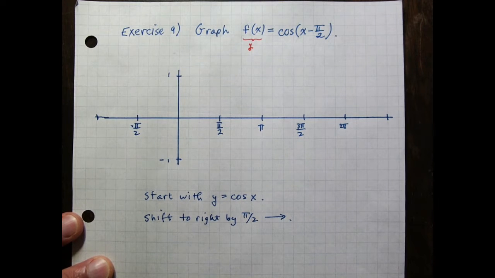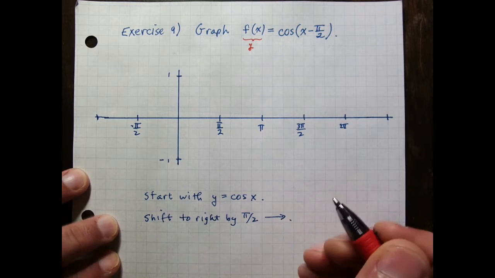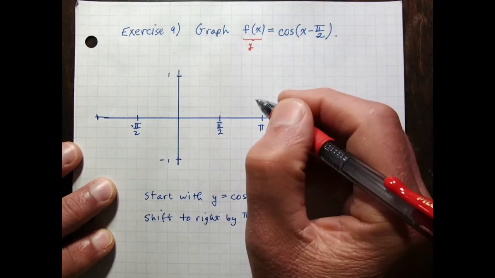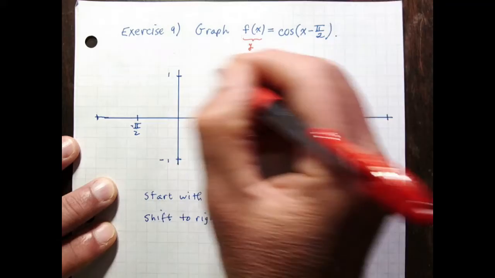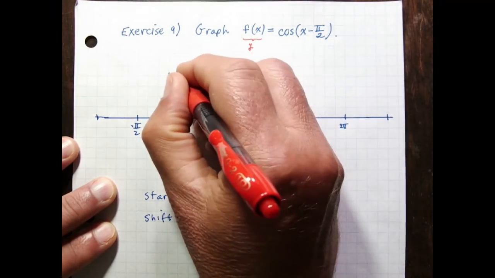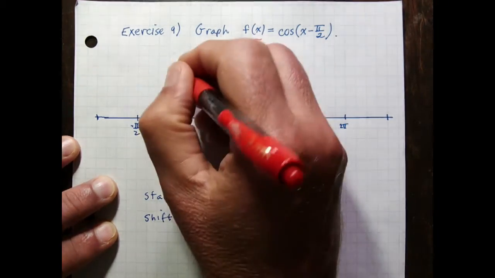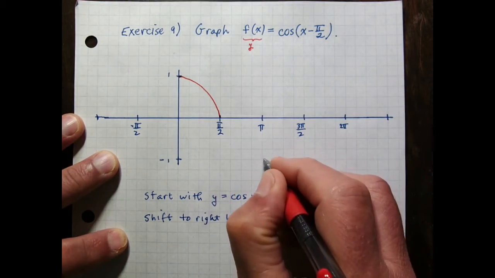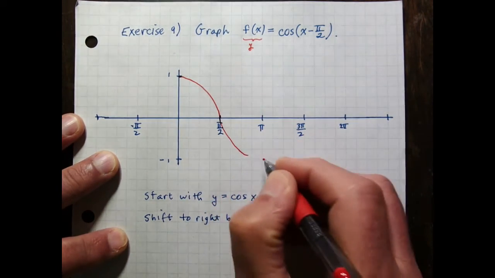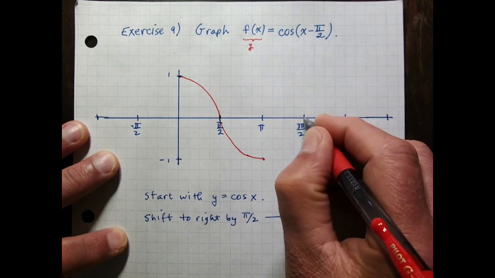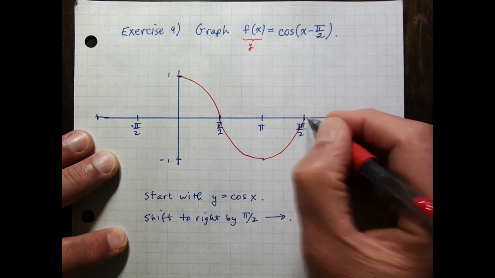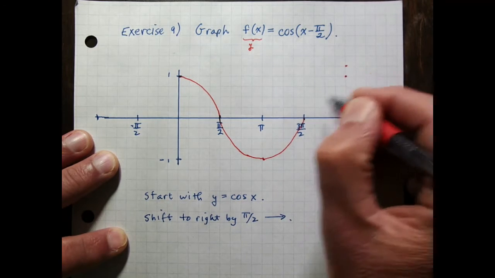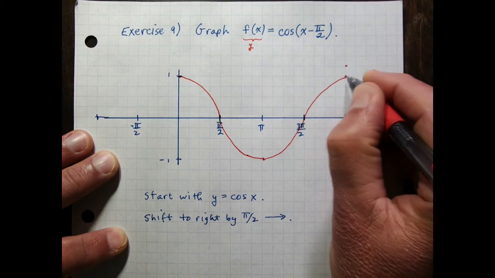So what I'm going to do is start out with a cosine graph that I'm going to write in red. So this is not my final result. Cosine is 1 at 0. We go down to 0 at pi over 2, at pi we're at negative 1, at 3 pi over 2 we're back to 0, and at 2 pi we're back to 1.